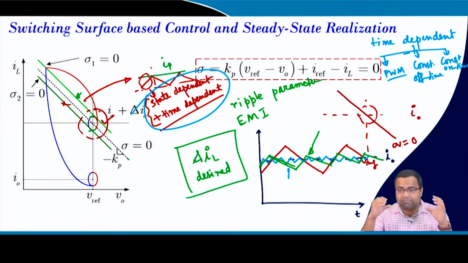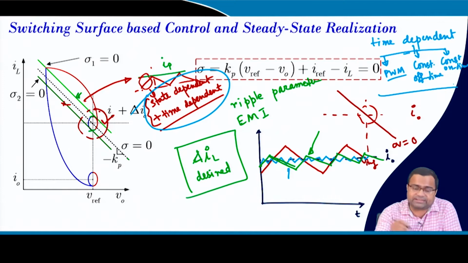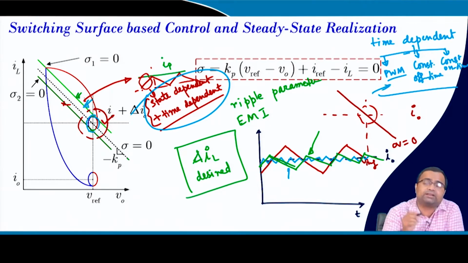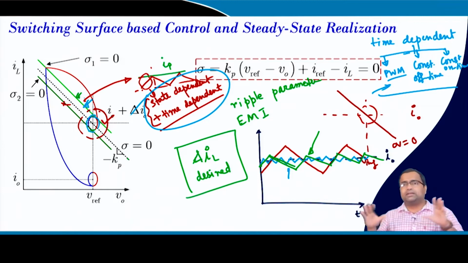If I do time dependent, one I take total time is constant, that is my PWM, then you can use either trailing edge or leading edge. Constant off time, where the off time is constant, or the constant on time. So, these three can be set to decide what will be my ripple, but in each of these techniques, it only uses one surface and the other surface is open.